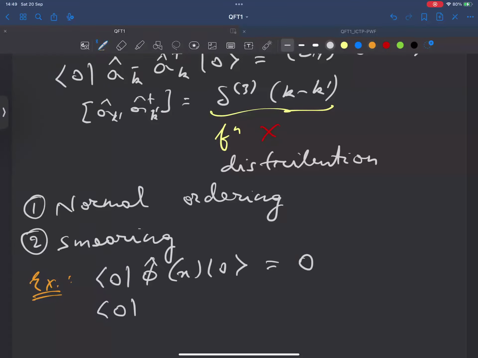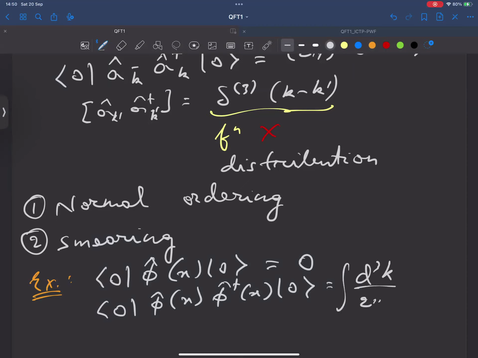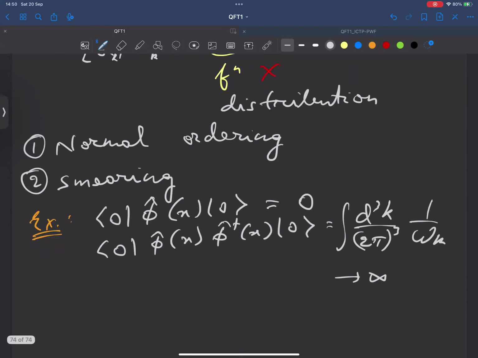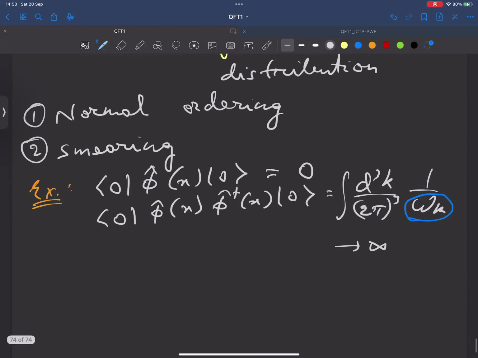But if you evaluate the 2-point correlator, then you can show that this goes like an integral like this, and which just goes to infinity. Okay. And again, if you recall, this is exactly the 0-point energy of the simple harmonic oscillator with level k. So this is an exercise, you check that this holds true.